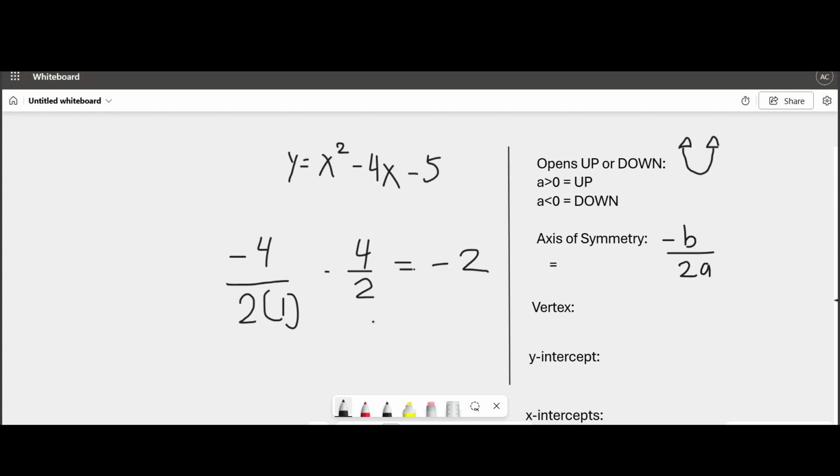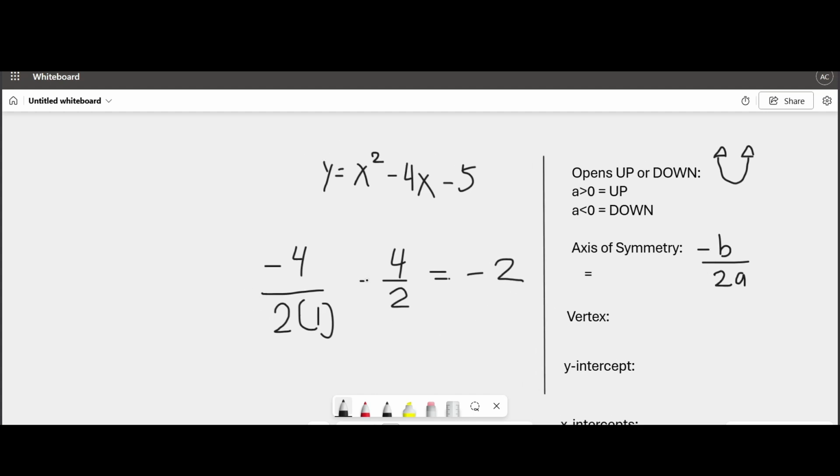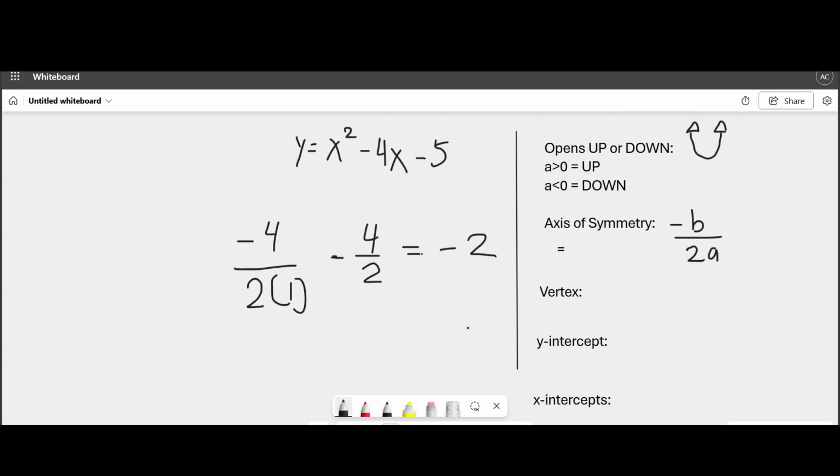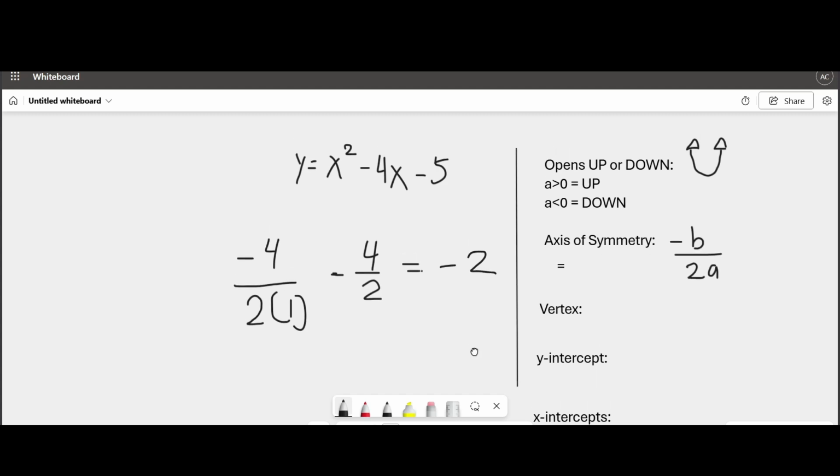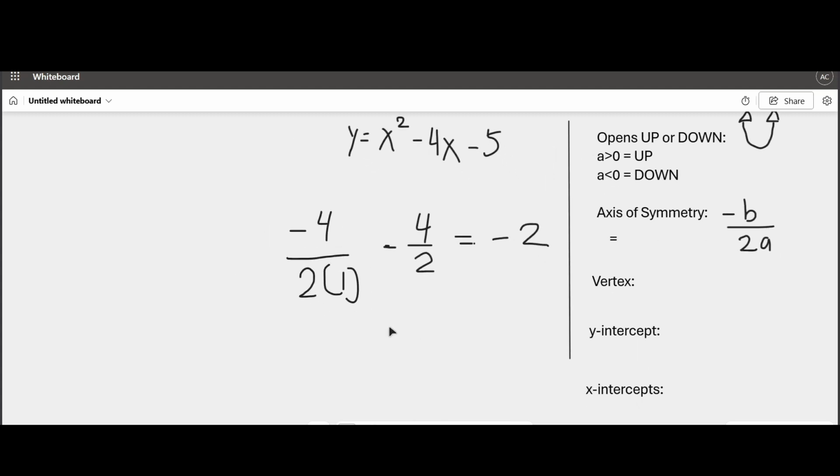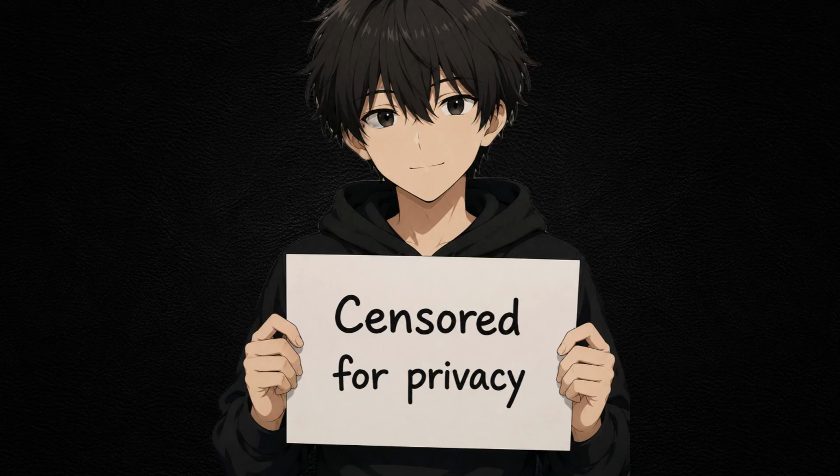Let me see if I'm right here, the axis of symmetry.